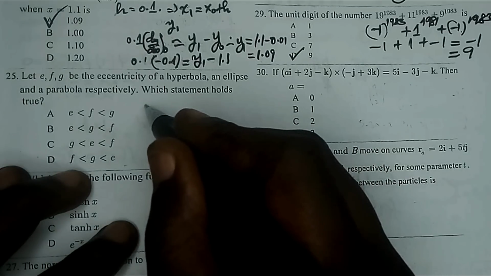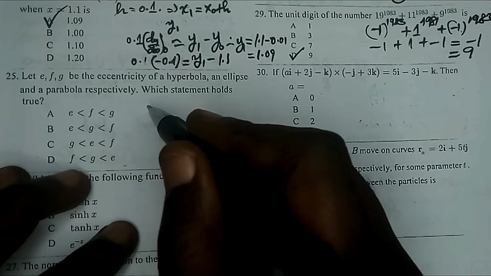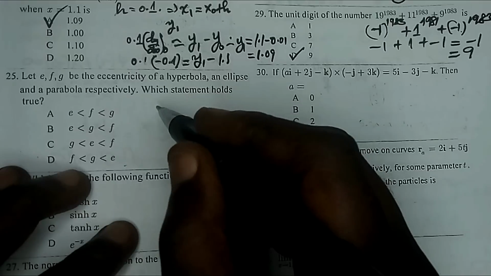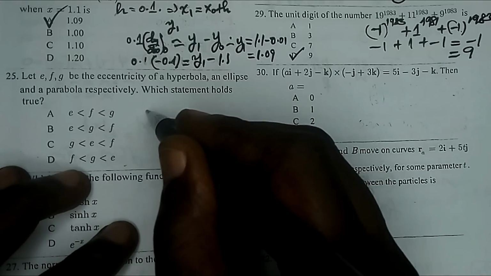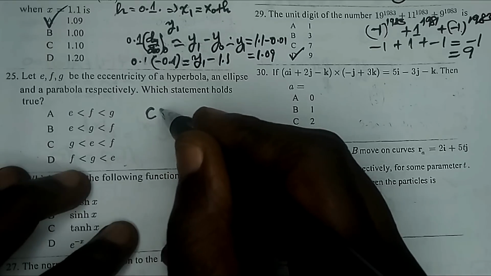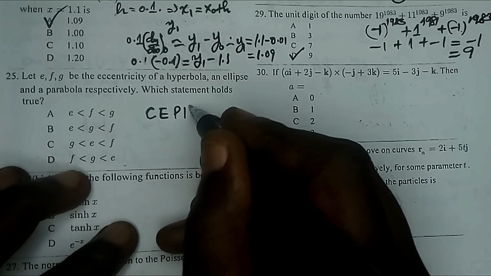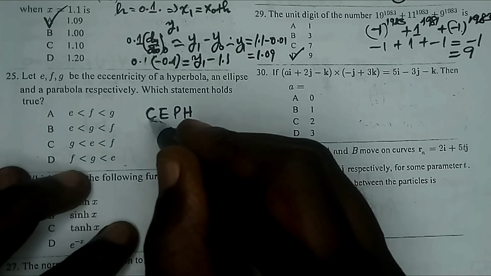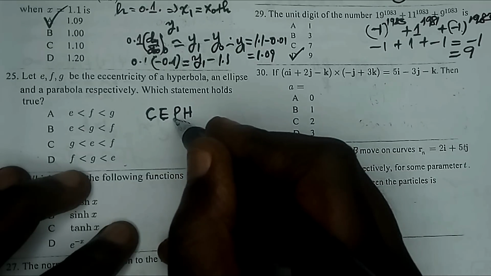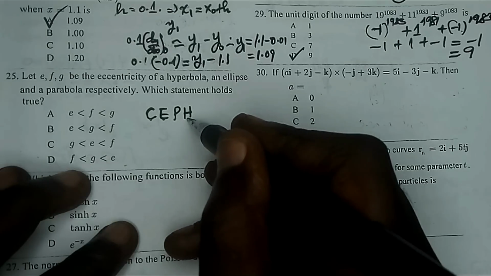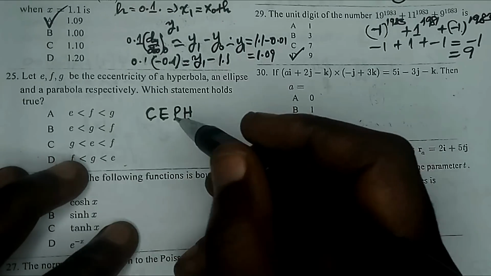Actually, to get the relationship on which is greater and which is smaller of the eccentricities in conic sections, we use this mnemonic. Circle is less than ellipse, which is less than parabola, which is in turn less than hyperbola. So that is the order in which the eccentricities are related.